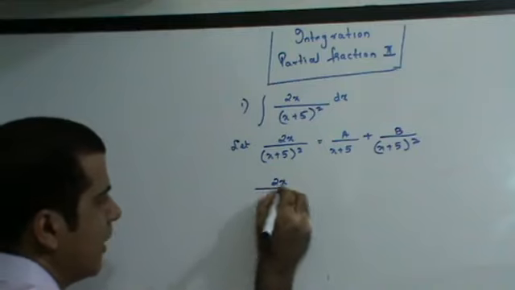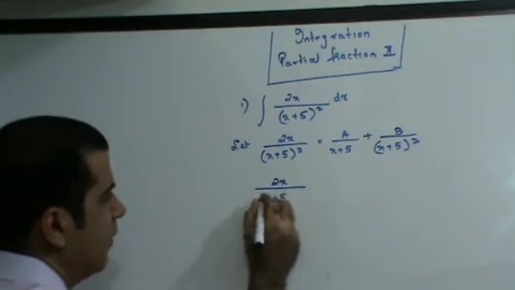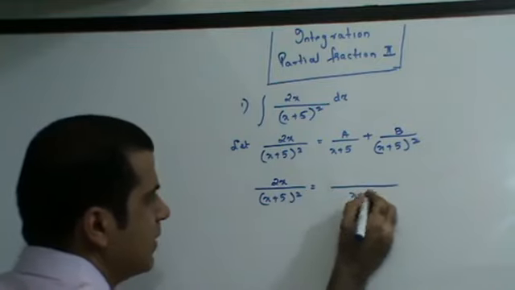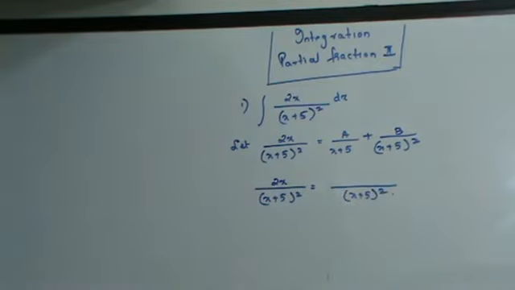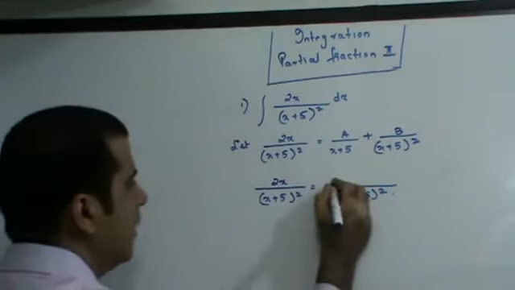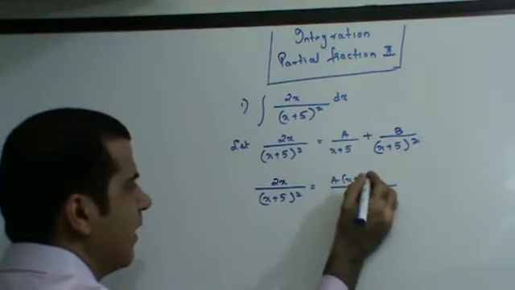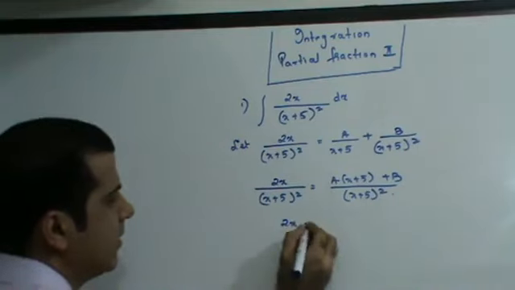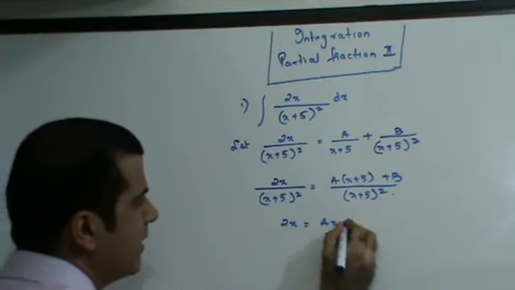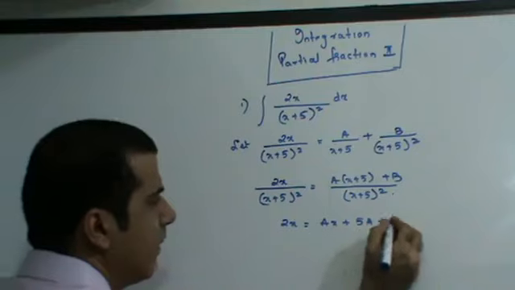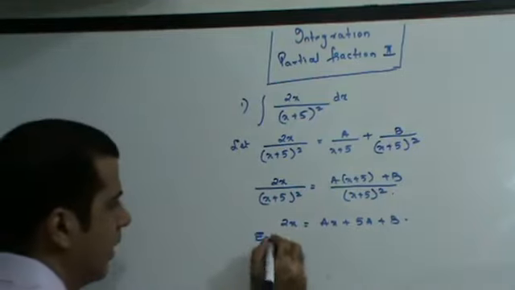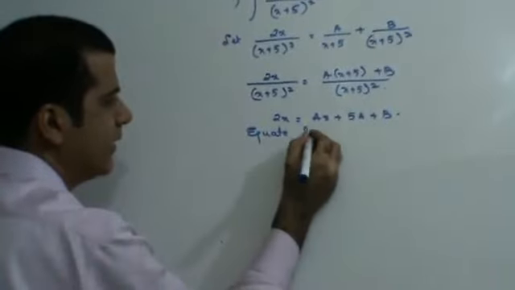So 2x upon (x plus 5) the whole square is equal to, this can be written with LCM (x plus 5) the whole square, A into (x plus 5) plus B. Common denominator gets cancelled, 2x is equal to Ax plus 5A plus B. Equate like terms.